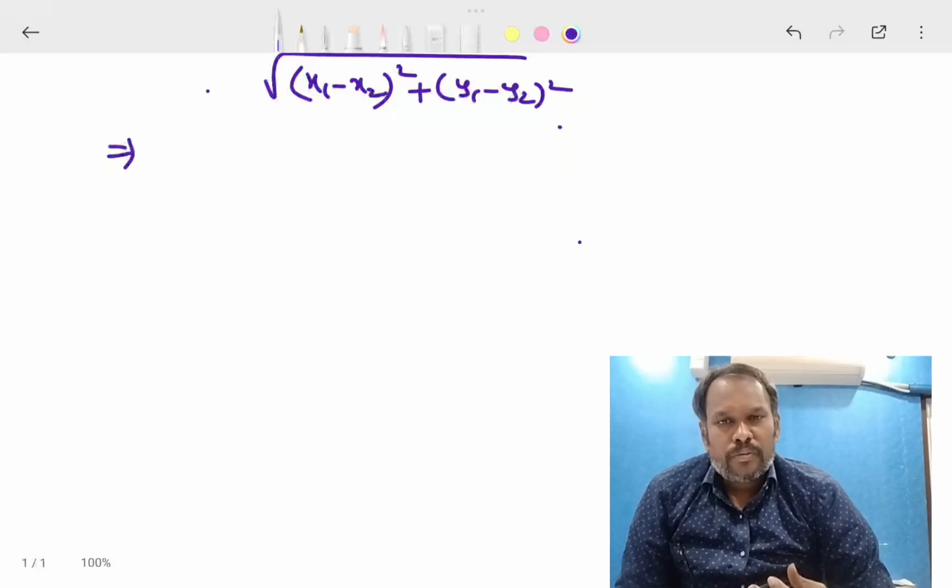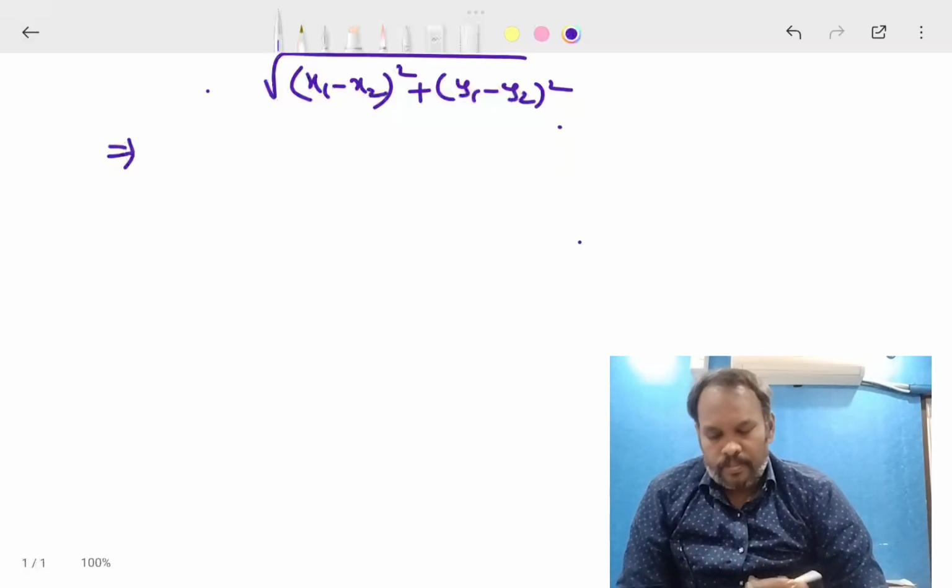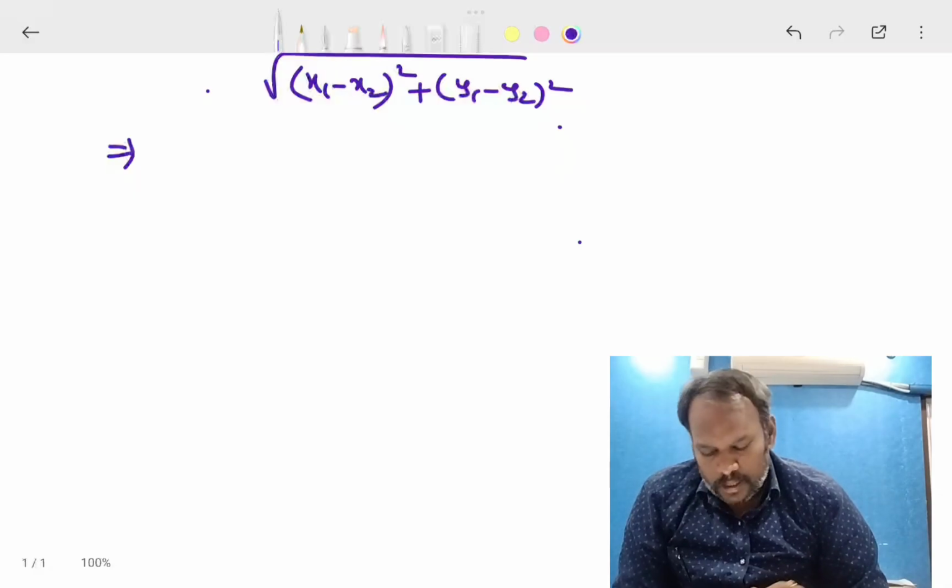Like that you have to identify. If they give this type of questions, you have to find six distances for quadrilaterals and three distances for triangles. Based on that, you have to identify which type of triangle.